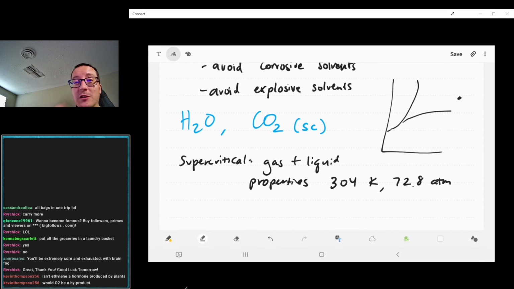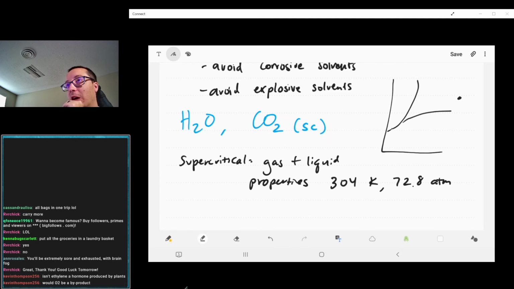And better yet, in order to make it, all you do is pressurize and heat up some carbon dioxide, which we can just extract from the atmosphere very easily. And if you were to spill that solvent, all that would happen is you would release that same CO2. So we're having a net zero CO2 use by doing this, depending, of course, on how we're generating this pressure and temperature.